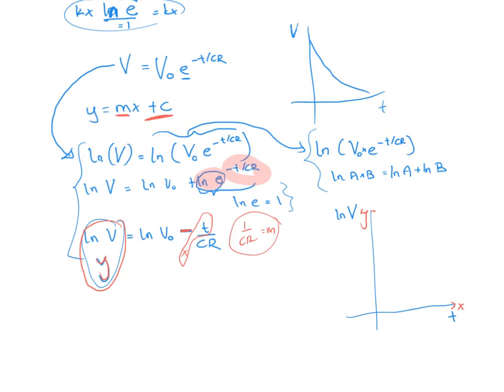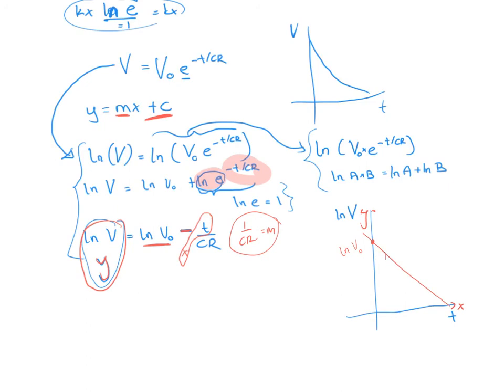And then since I have plus c, in this case my plus c will be the ln v naught. So in other words, you should expect to get a graph that's straight, crossing this part, which is ln v naught.